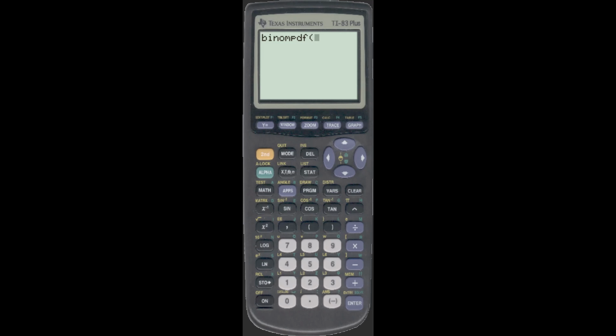So the number of trials here is 5, comma. The P value is 0.03, comma, and the X value you care about is 2. And you get 0.0082. And you'll see that that is on the list there. So let me snip this screen in so you can see it.